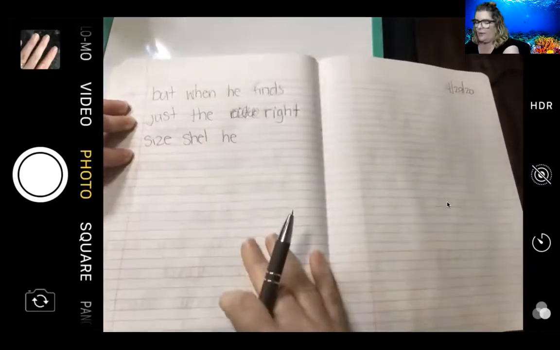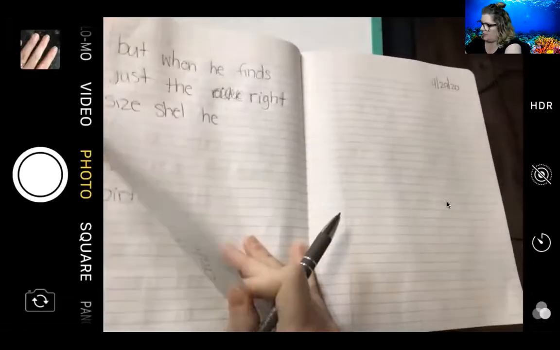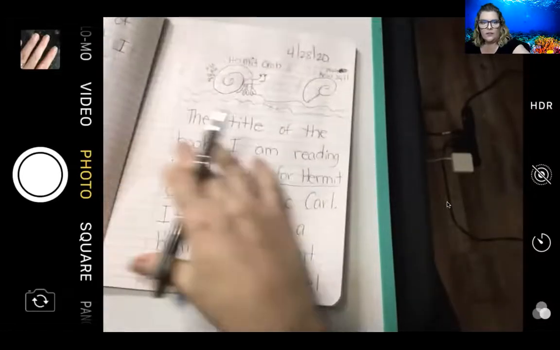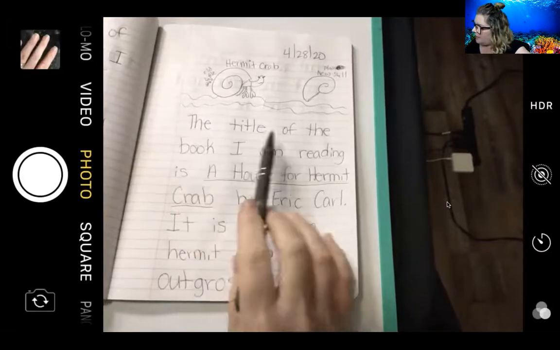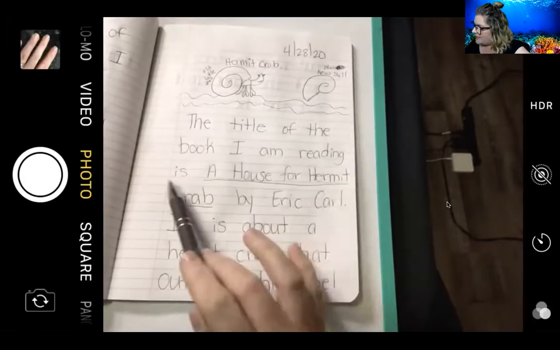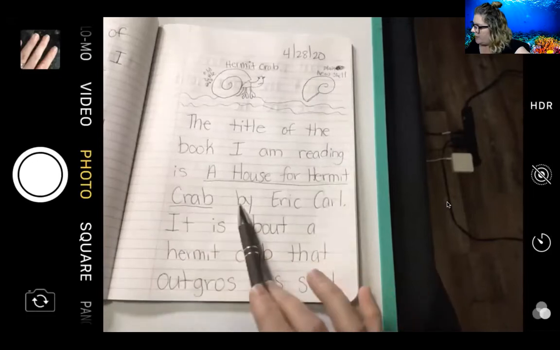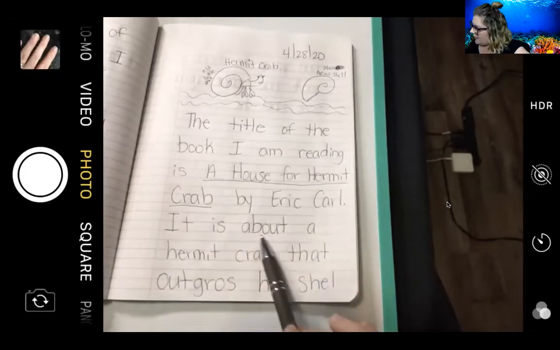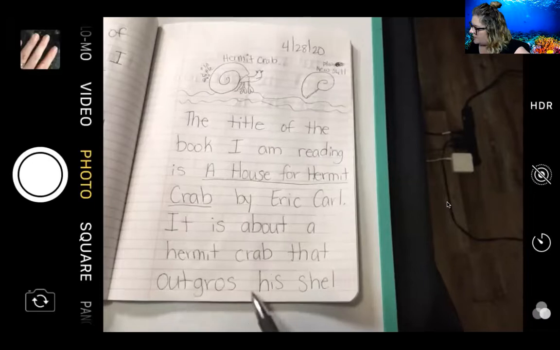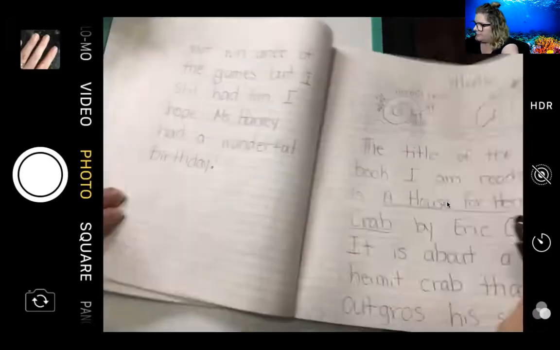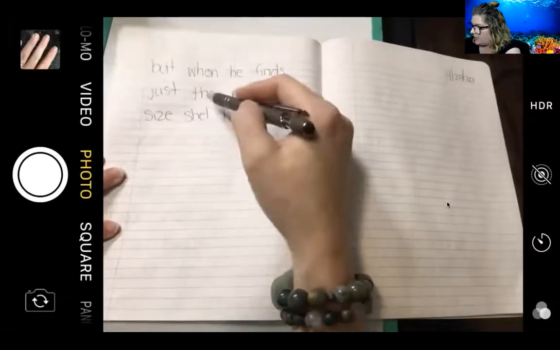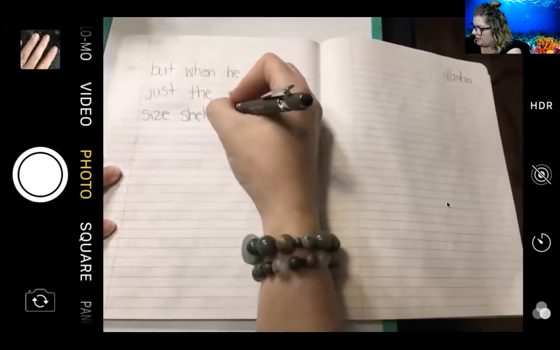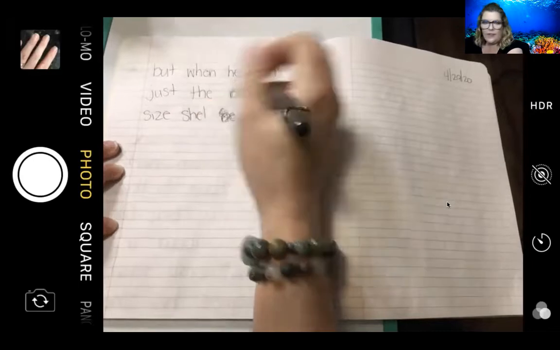but let me go back and reread. Sometimes when we lose our place, we need to go back and reread. The title of the book I am reading is A House for Hermit Crab by Eric Carle. It is about a hermit crab that outgrows his shell, but when he finds just the right size shell, I'm going to cross that out because I don't want that one.